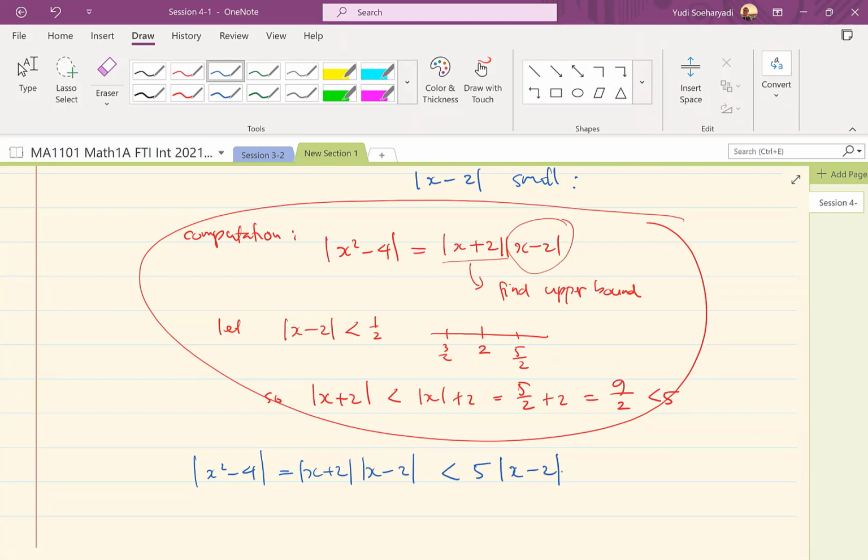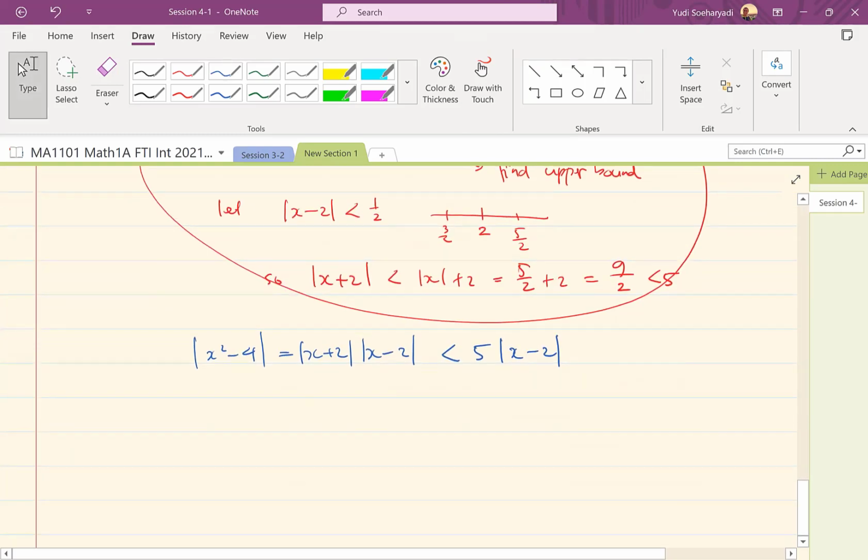Okay, so if we want x squared minus 4 arbitrarily small, for example, say this is less than, now I attach a symbol here, epsilon.